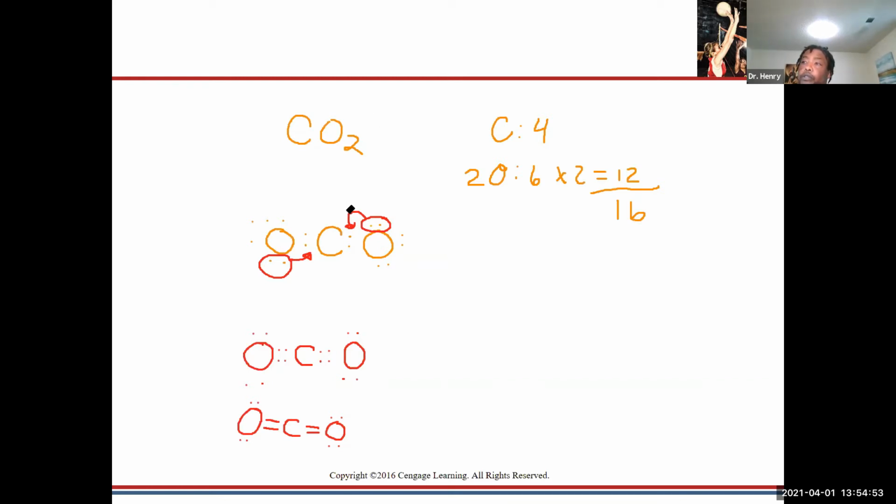I'm going to go back to our original structure here. So I could have taken both lone pairs from this oxygen and did something like this, where we would have a triple bond.